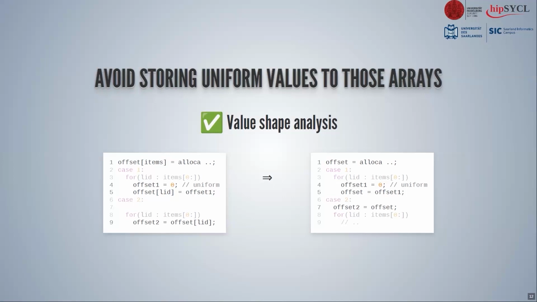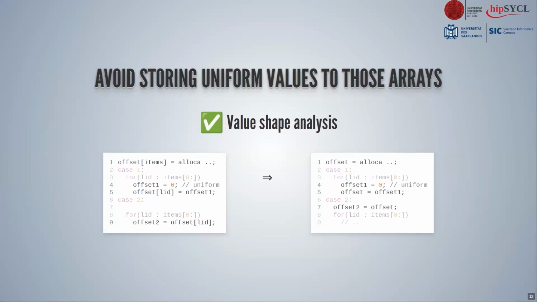And if it's a uniform value, we just use a single value that we store this offset to. Then to actually make clear to the optimizer later that this is a uniform value, we load this value from the stack before the loop, so it's not inside the loop. So the optimizer obviously knows that for all the work items, this will be the same value.